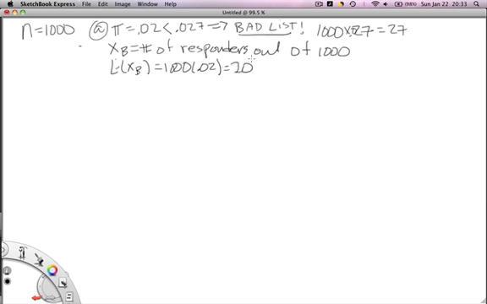So we would expect to get 20 responses back, 20 yeses, and that's well below 27, but there's still a possibility that we'll get an unlucky sample. So let's go find sigma XB.